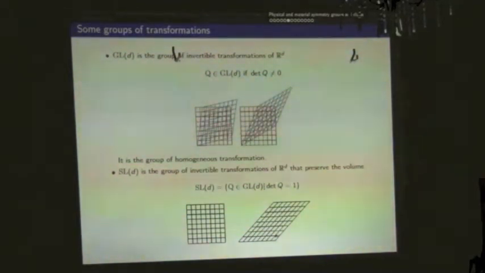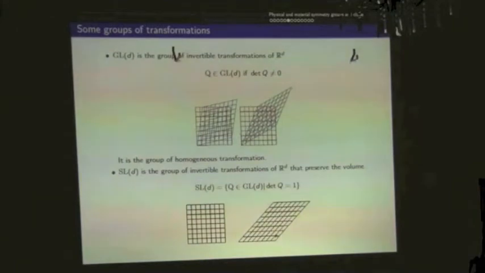And this new group is called the special linear group. It's the group of invertible transformations that preserve the volume. It's the group of isochoric homogeneous deformations, or the symmetry group of incompressible fluids also. But it's not the transformation that interests us today.